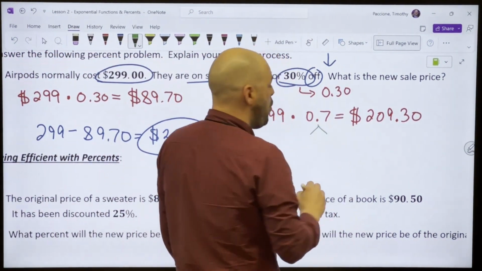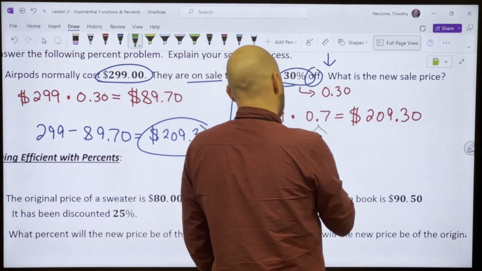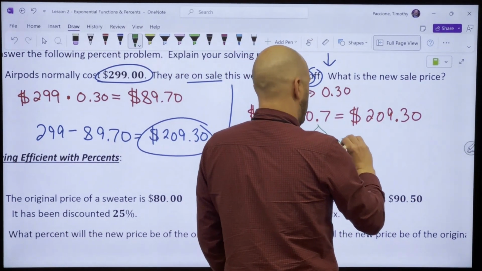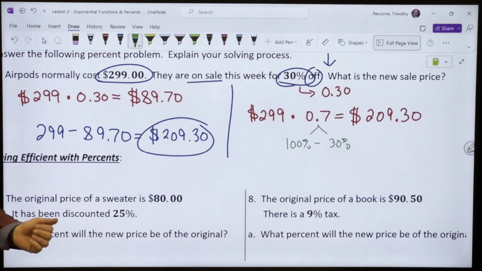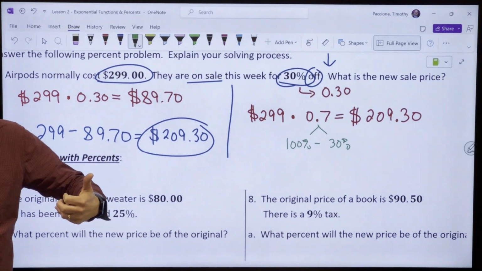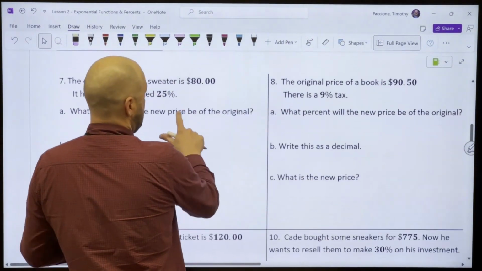This 0.7, we got that by going, okay, 100% minus 30%, right? That gives us 70%. That's what we're looking for. That's what our end goal is. We want to know what 70% of the original price was. Make sense? Okay. We'll do like 4 of these so you can really kind of lock this in.